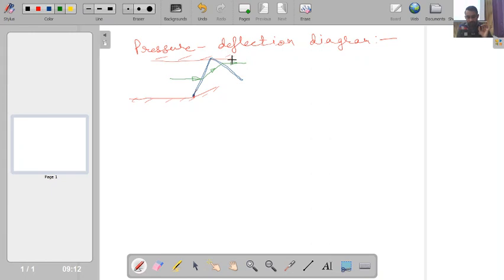One interesting point you will find here is that the incident shock wave has an orientation something like this. In this shock wave, if this is the start point, the exit point is something like this, and it is deflecting at an angle theta.